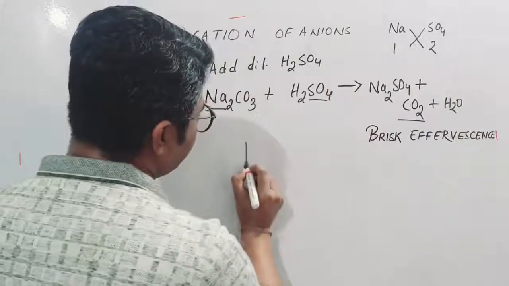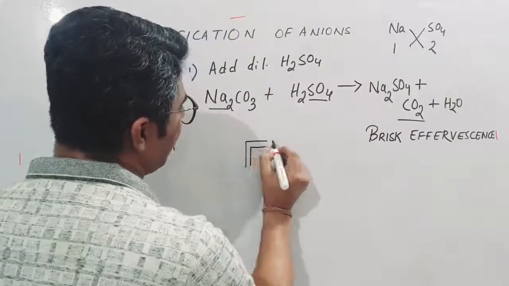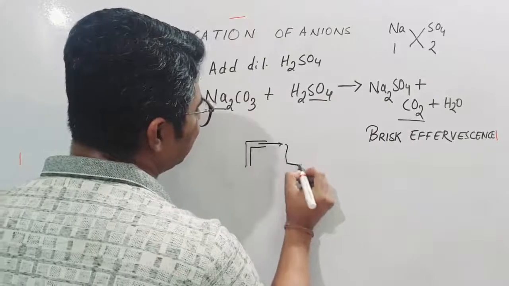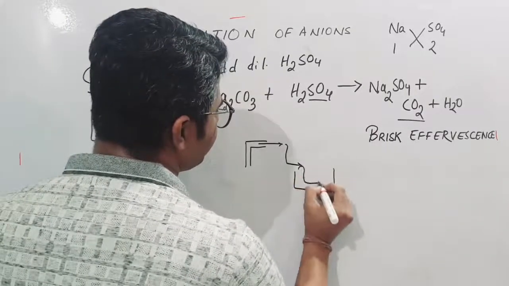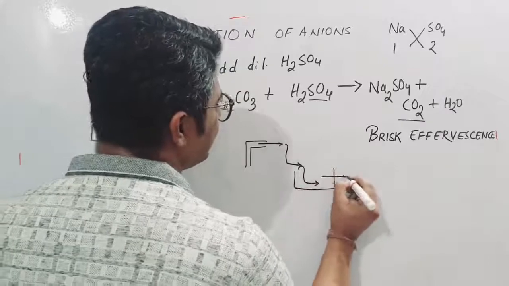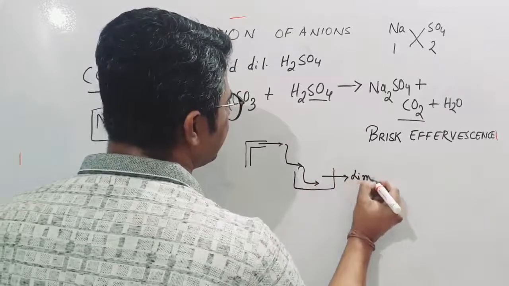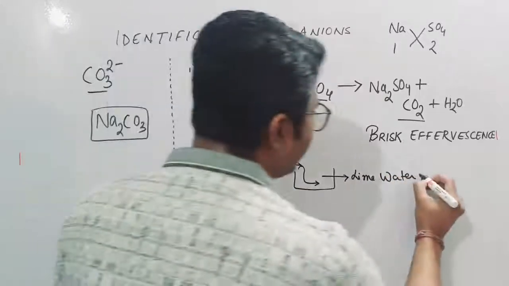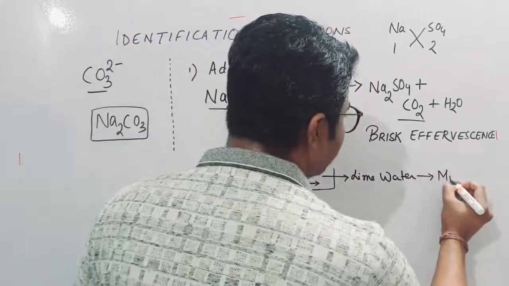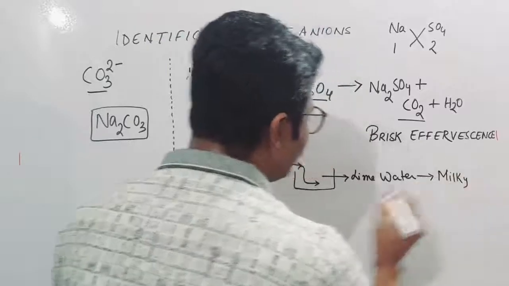Suppose this gas is getting evolved, you are going to pass this gas through lime water. And lime water will turn milky if it is carbon dioxide. How?